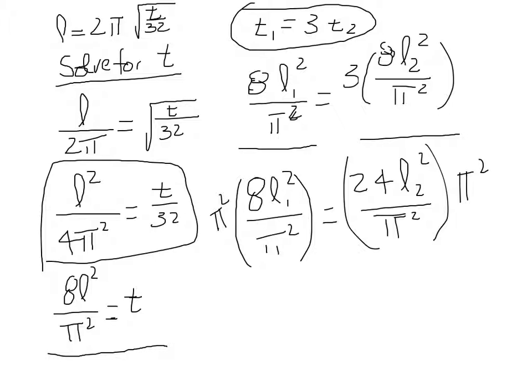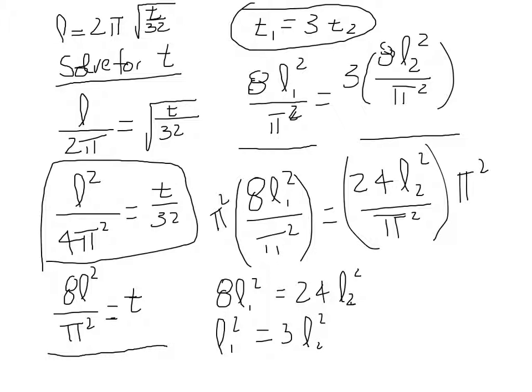So what we have then is 8 L1 squared equal to 24 L2 squared. So now we'll divide both sides by 8 and we'll wind up with L1 squared equal to 3 L2 squared.